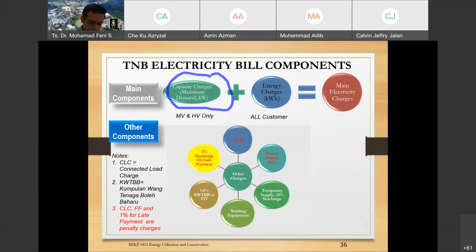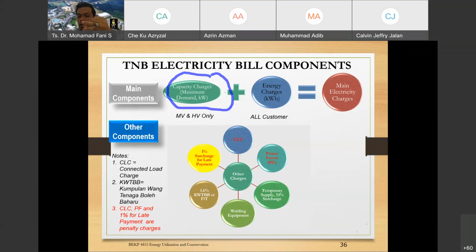For example, if this building has 1000 kilowatts of maximum demand, TNB will install two meters: one is the kilowatt meter and the other is the kilowatt hour meter.